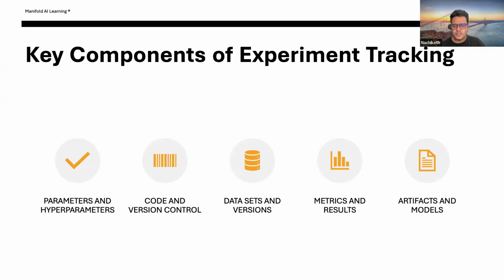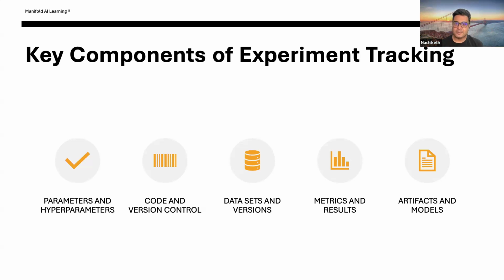Parameters, we generally call the ones that we get from the model output. The other components of experiment tracking are code and version control of the code, datasets and versions, metrics and results, and artifacts and models. All these make up the core components of experiment tracking.